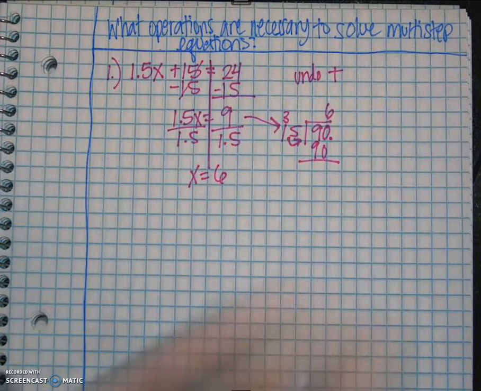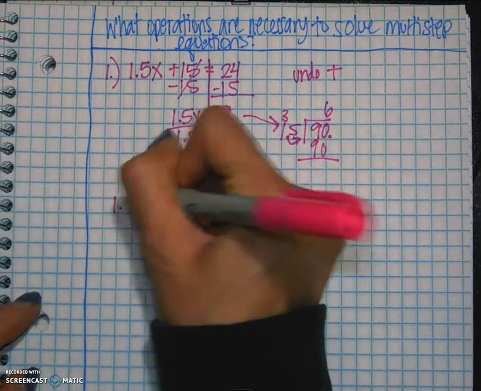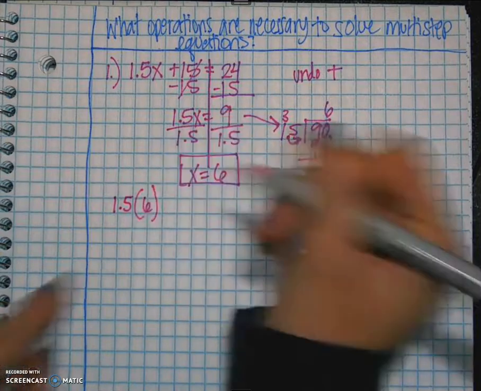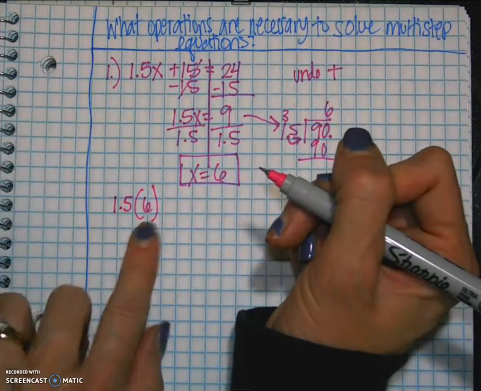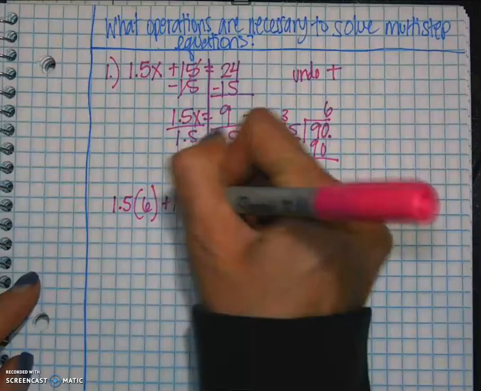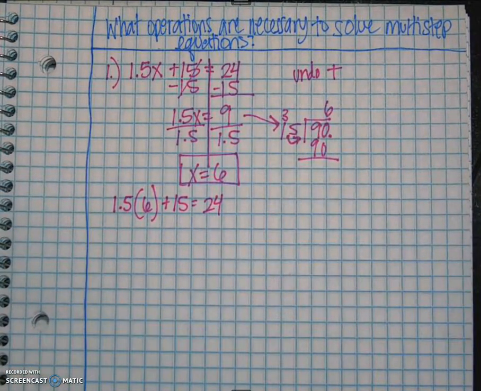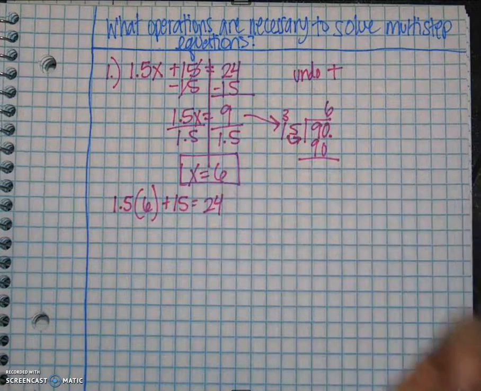Now, if you're not sure that that's the right answer, what can you do? Remember, you can check it. So that means you take 1.5, plug in whatever your answer was for x. Notice I put it in parentheses because it was right next to it. Plus 15 equals 24. Now we're going to follow order of operations. So I need to do 1.5 times 6.